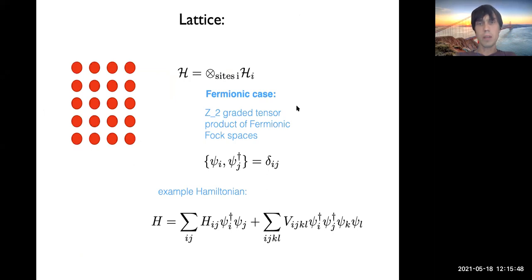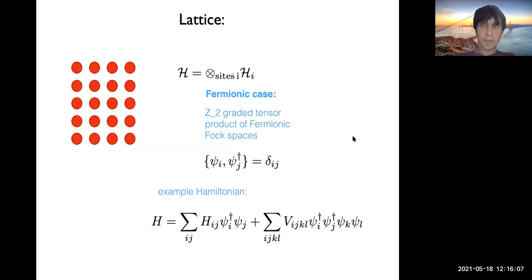All the phenomena that I described on the previous slide can in principle be captured by something called the lattice tight binding model. This is the workhorse of condensed matter theory, the setting in which we realize all these phases.